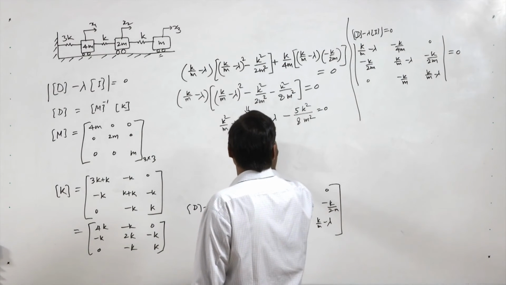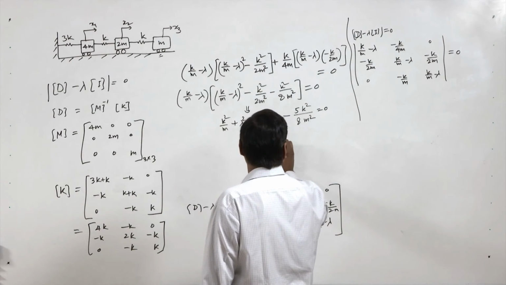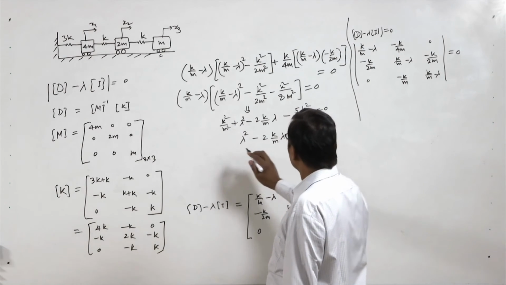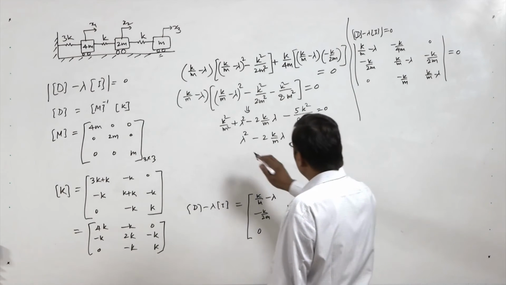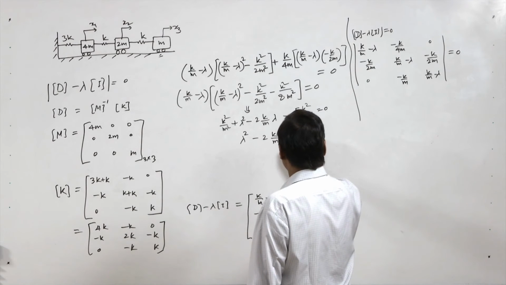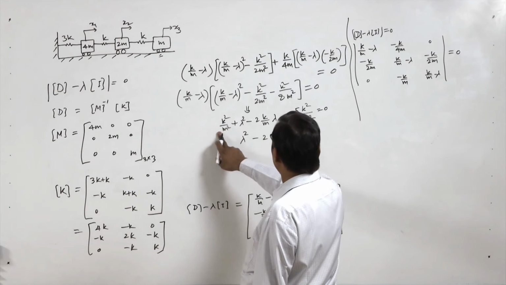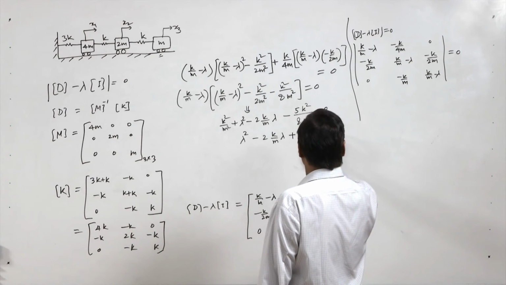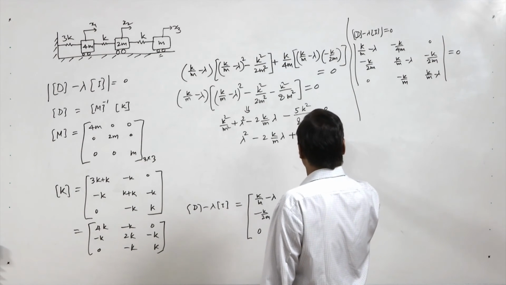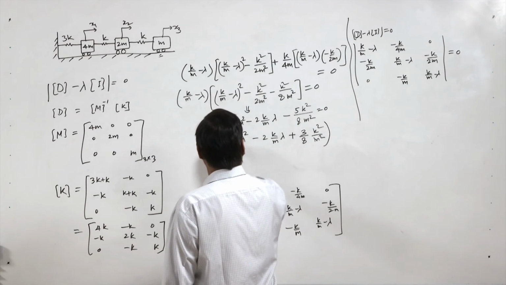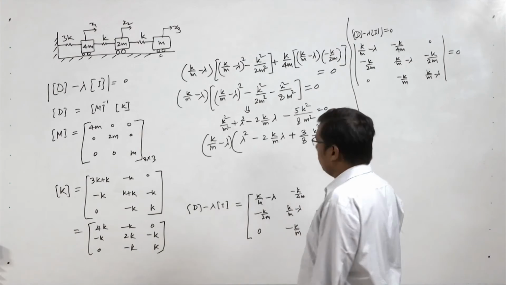So this is lambda square minus 2 k by m lambda, and this is k square by m square. So it is equal to plus, because it is 8 k square by 8 m square, so 8 minus 5, it is 3 by 8 k square by m square, and that is k by m minus lambda. So that is equal to 0.